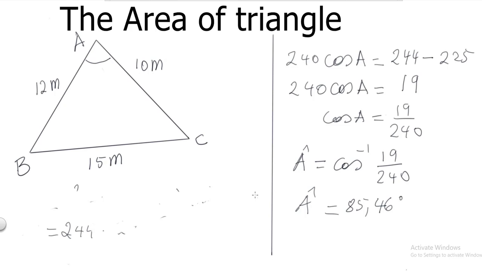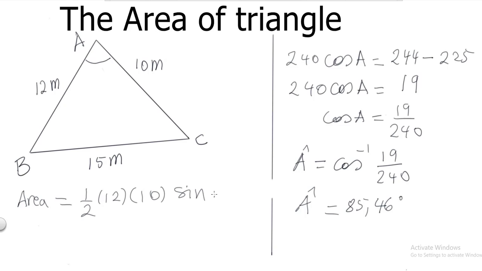Now you can use just the simple formula of the area. You say the area of this triangle will be equal to 1 over 2. We see this side, we have a 12, multiplied by 10 multiplied by sine of 85,46.